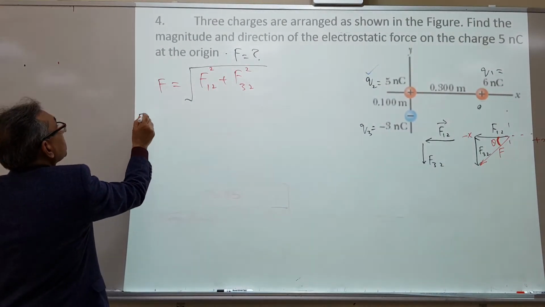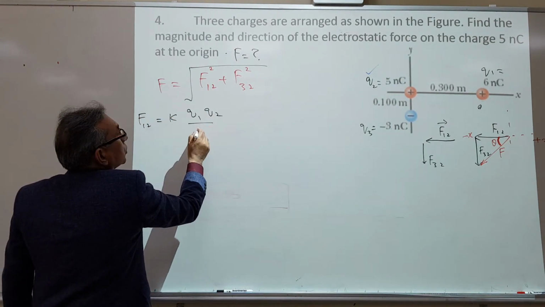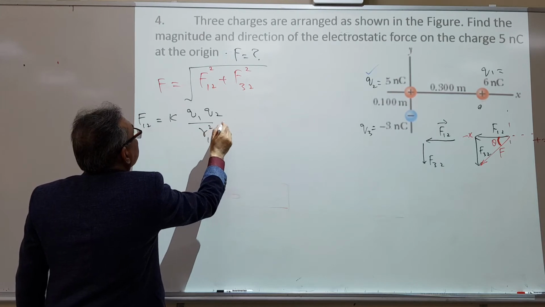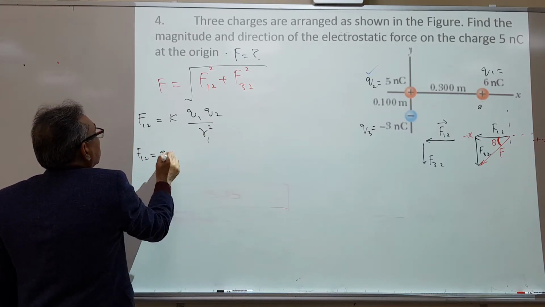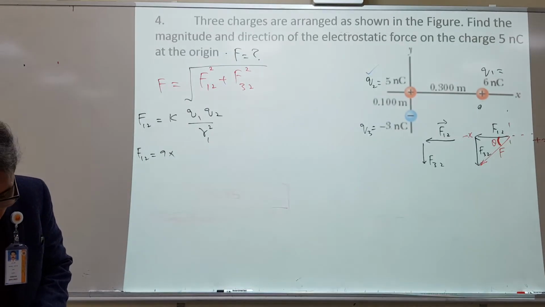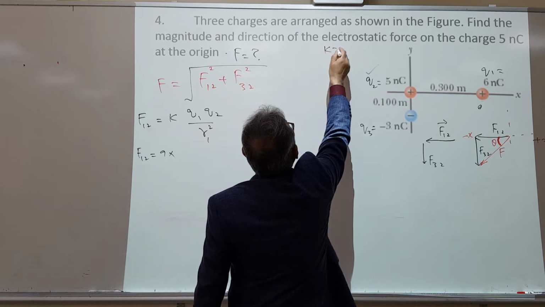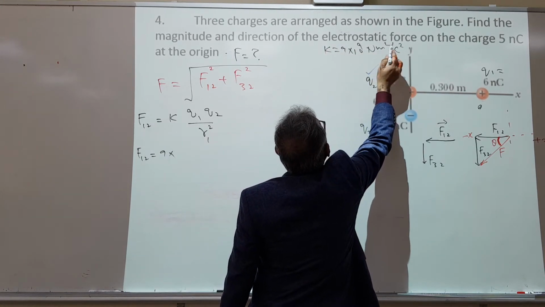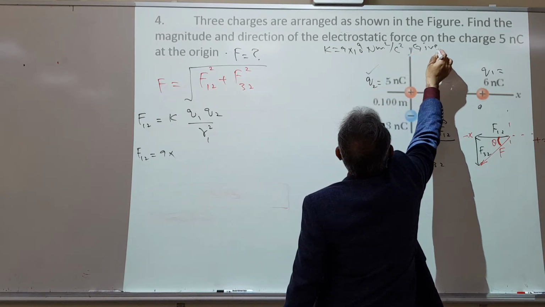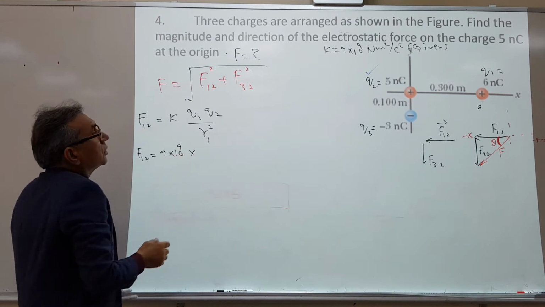F12 equals K Q1 Q2 over R squared. K will be given to you, 9 times 10 raised to power 9.